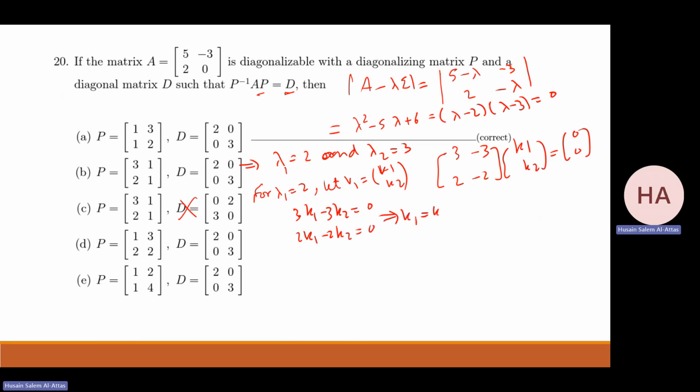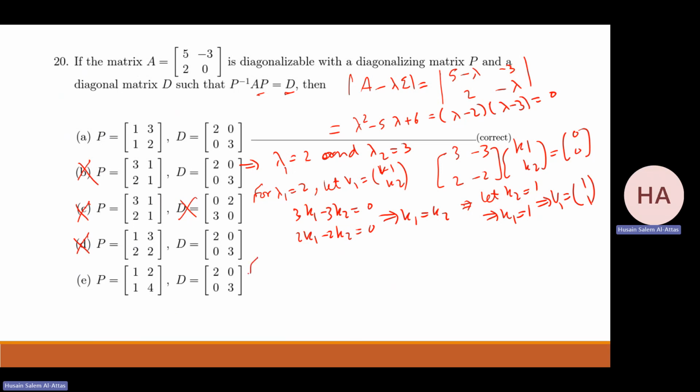So you have K1 equal K2. That means let K2 equal 1. I'm getting K1 equal 1. So V1 will be 1, 1. Okay, so these are the possibilities.